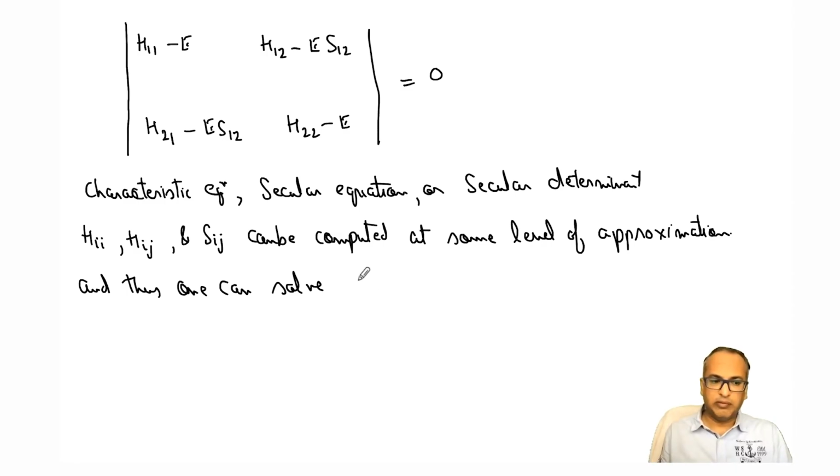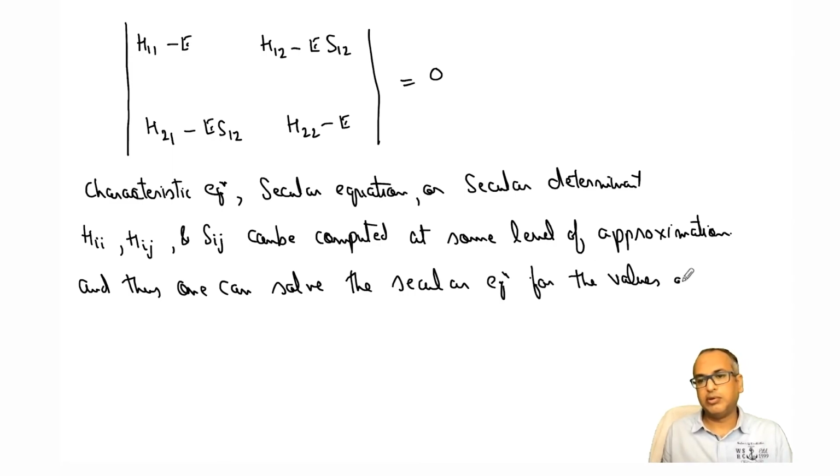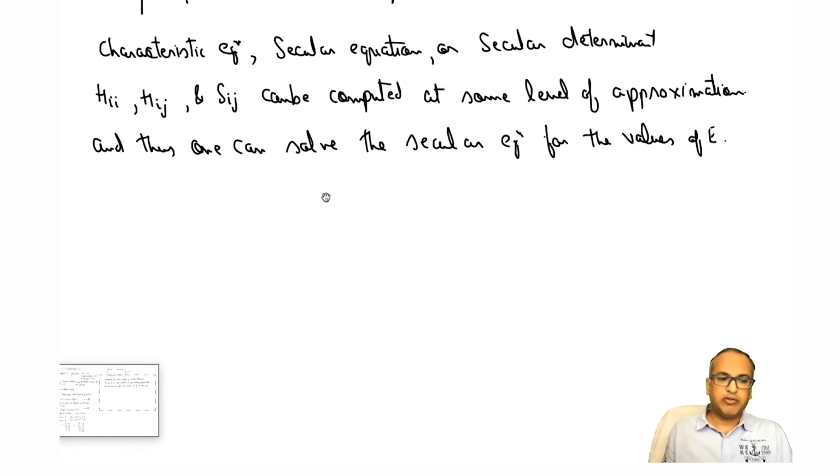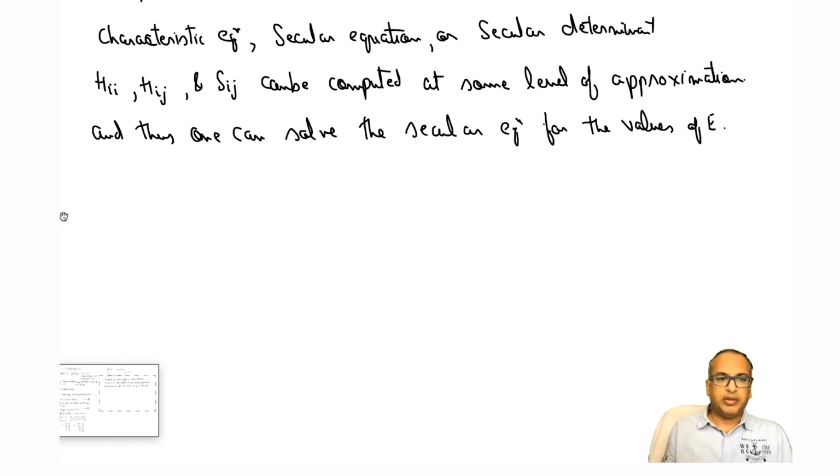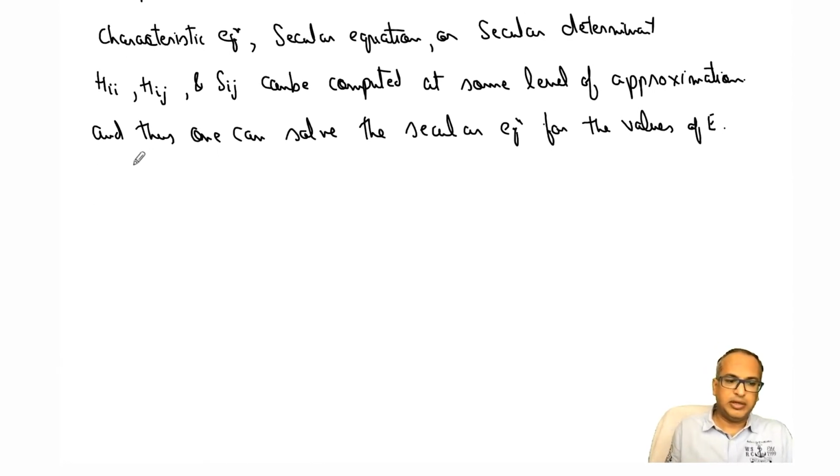So one can solve the secular equation for the values of E. In this case, this is a 2 cross 2 matrix, so it will give you a quadratic equation.